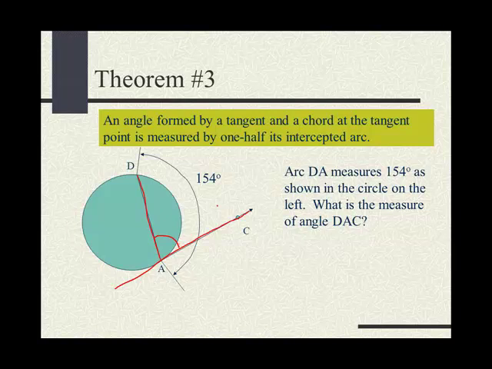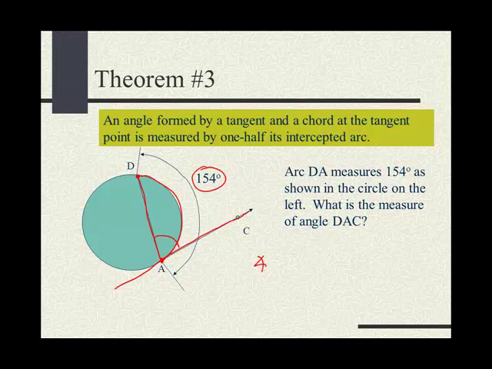Now, it says that this angle is going to be measured by 1/2 its intercepted arc. Well, the intercepted arc goes from point A around the circle to point D. So this is the arc we're talking about, and it's given as 154 degrees in the diagram.